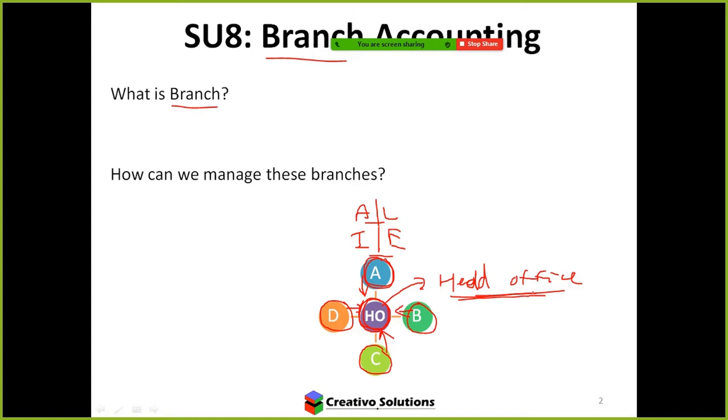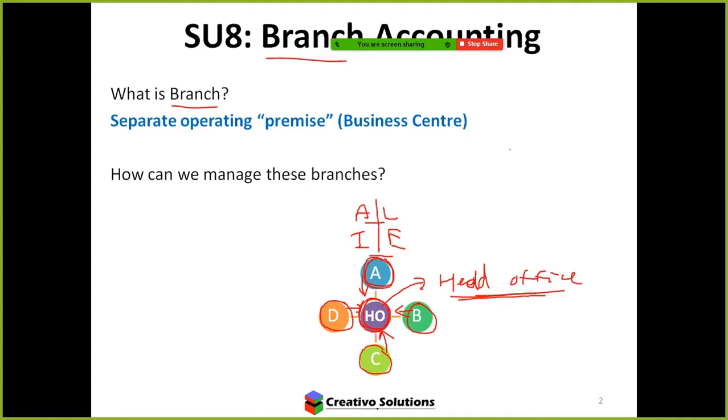But it's one company reporting on several different business units, okay, in different areas, right? So you could have one branch maybe in Gauteng, you could have another branch in the Western Cape, another branch in KZN, another branch in Limpopo, wherever. Okay, it doesn't matter where the branch is, it's just going to be following instructions carried out by head office.